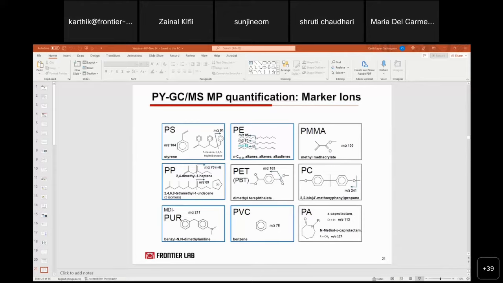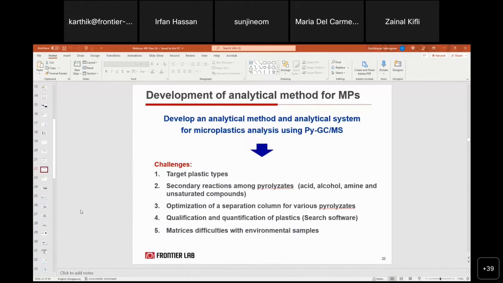But there are challenges when you have these compounds as mixed microplastics. So this is what we have encountered during our development. We don't have a specific target, like we want to see any type of plastic particle present. And second thing is when you have multiple microplastics, it may produce different pyrolysates.